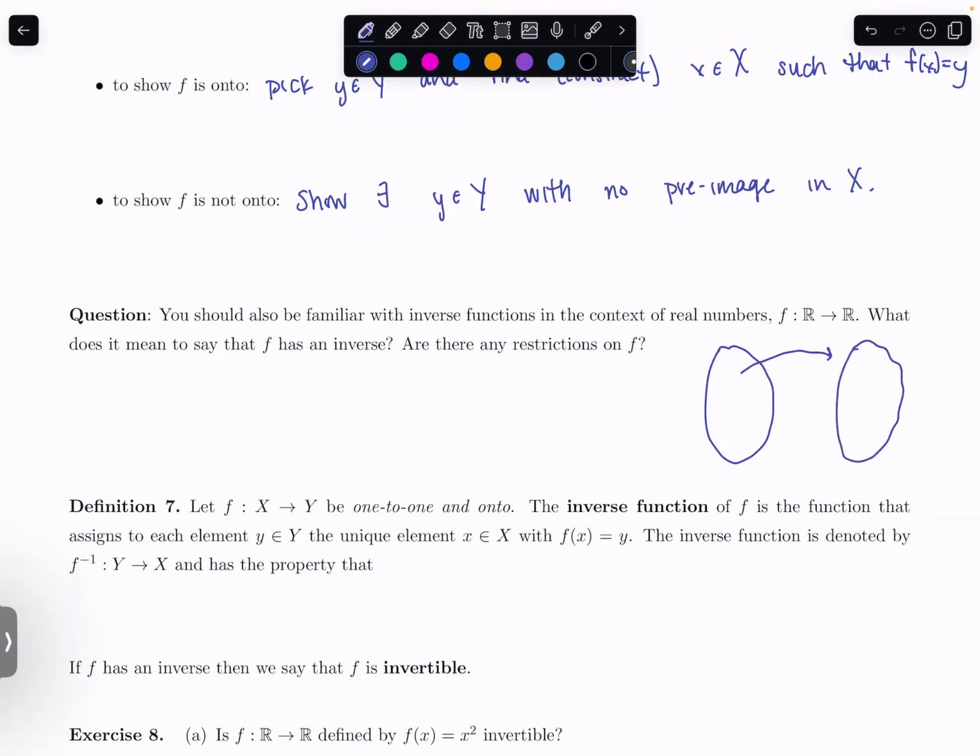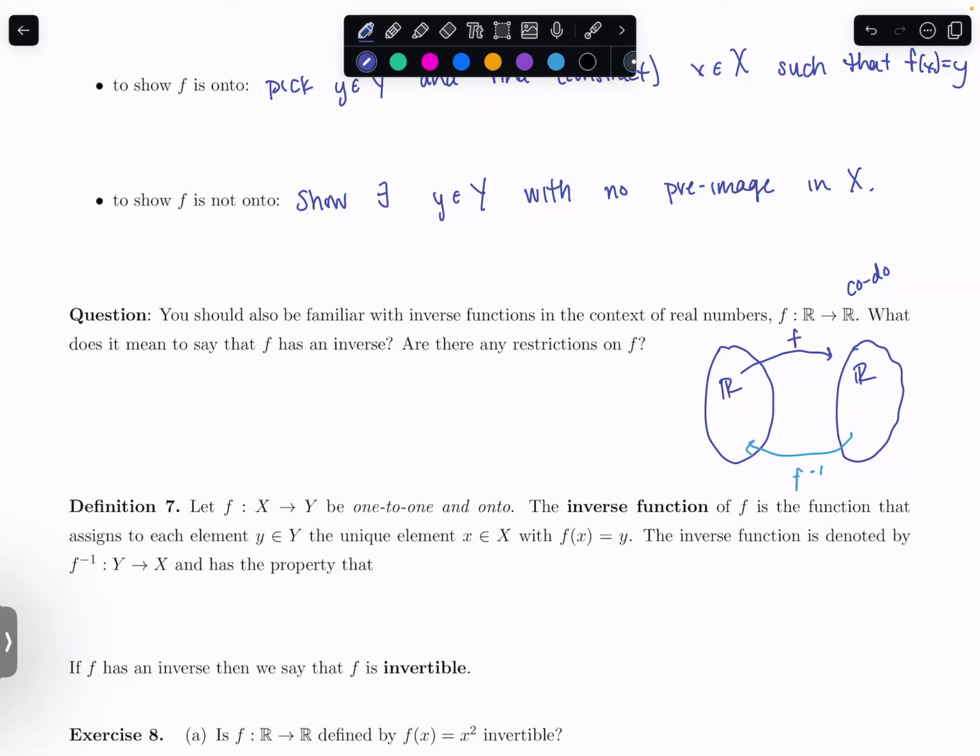But now, because we actually have a domain and a codomain, which is not necessarily equal to the range, for us to be able to talk about an inverse function, a function going this way, remember everything in our domain has to map somewhere.